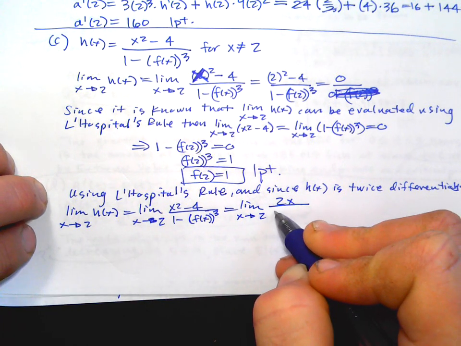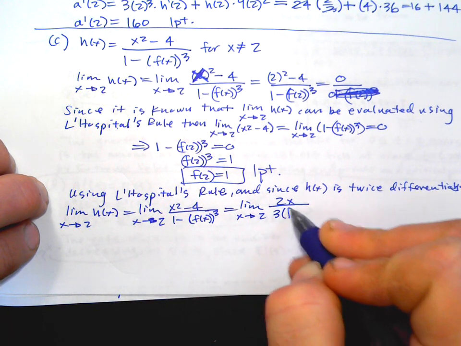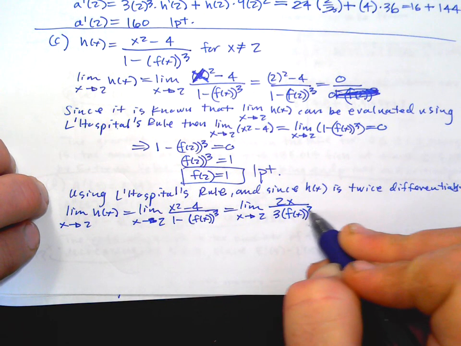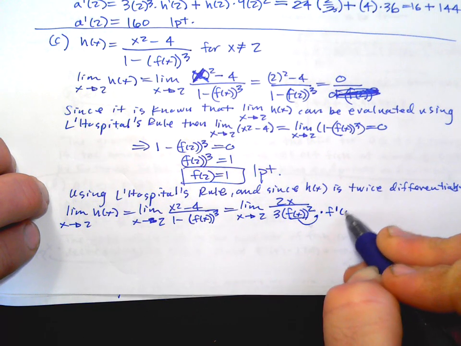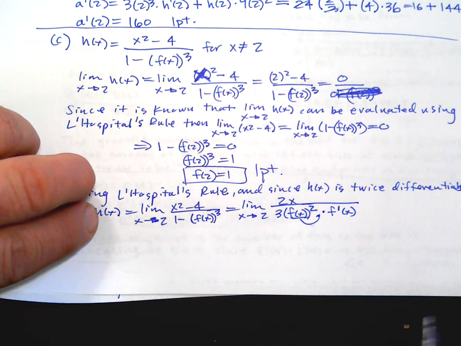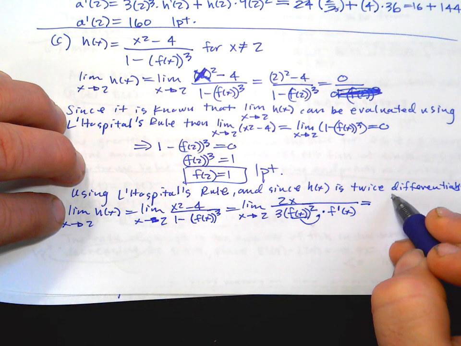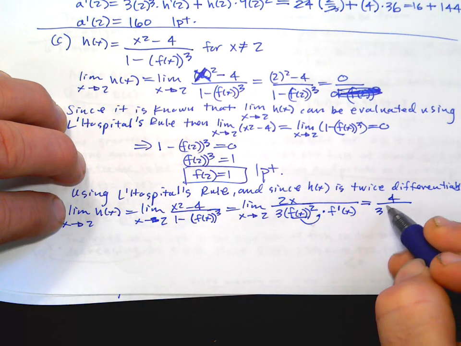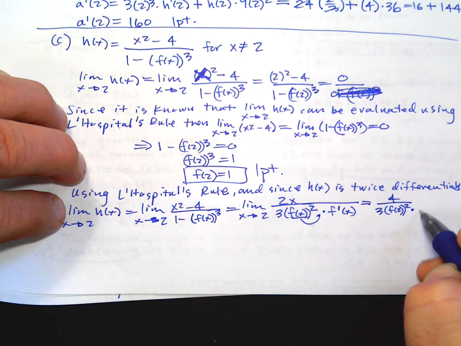Now, the derivative of the bottom, the derivative of the 1 is going to go away. So it's going to be 3 times f of x squared, but then you got to multiply by the derivative of what's inside, chain rule, and you get f prime of x, which is good because that's what we want. So then we're going to plug 2 into this, and we're going to get 4 over 3 times f of 2 squared times f prime of 2, which is what the other thing we're looking for.